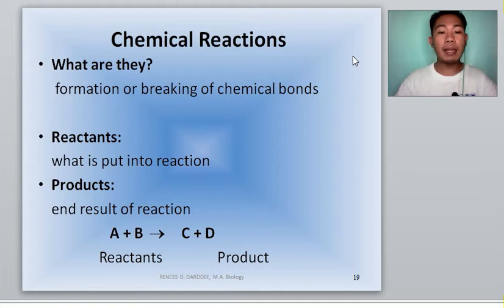When we say reactants, these are what is put into the reaction, and the products are the end results of the reaction. For example, the A and B are the reactants, and the C and the D are the products. The arrow here signifies the direction of the reaction.